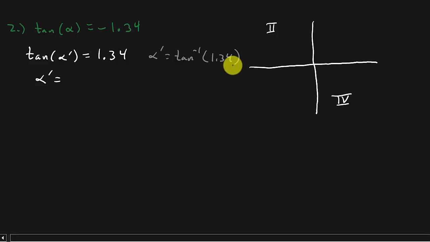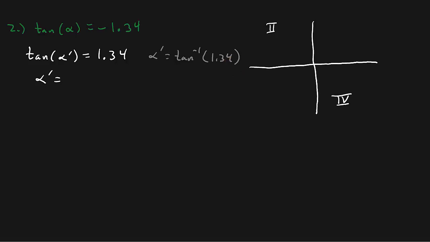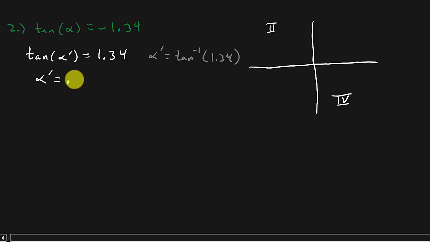And that is equal to, and what I'm going to do here, I'm going to round this to 2 decimal places, 0.93. That is our reference angle. Remember, you see this number here, that's not the same as this up here. This is an angle measure. This is your angle, 0.93 radians.